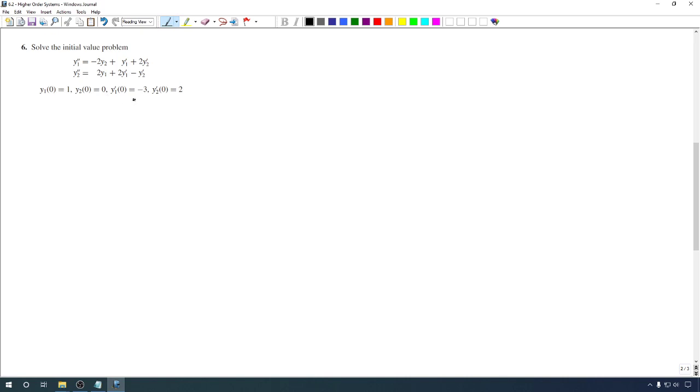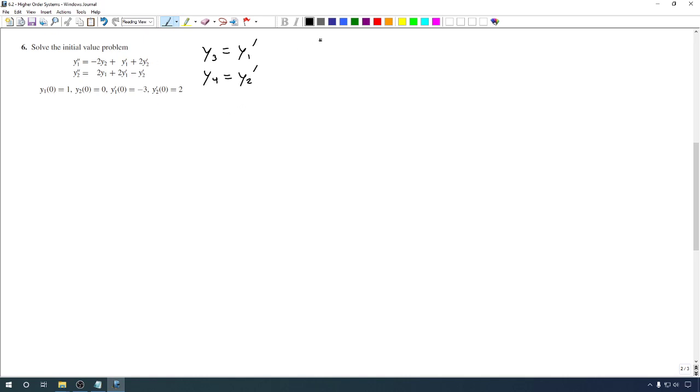This is equivalent to when we introduce a y3 and a y4. These will just be the initial values of those y3 and y4. So keep in mind here we are saying that y3 is y1 prime and y4 is y2 prime.